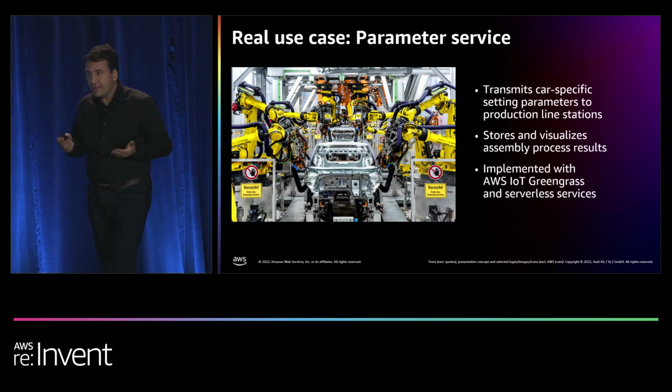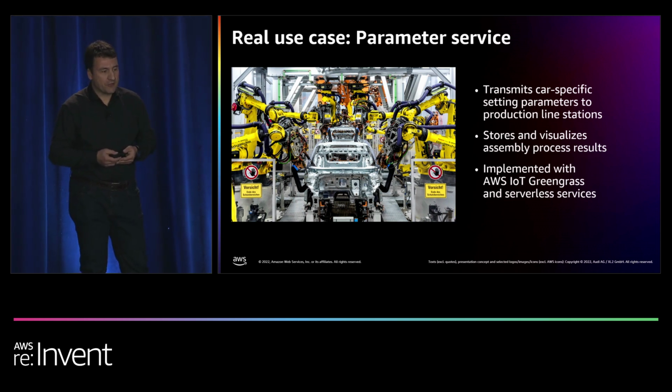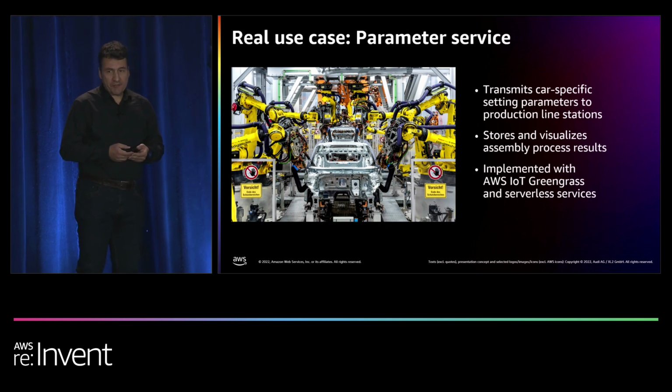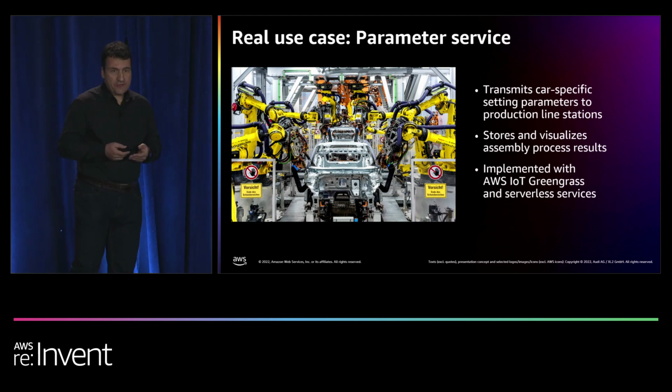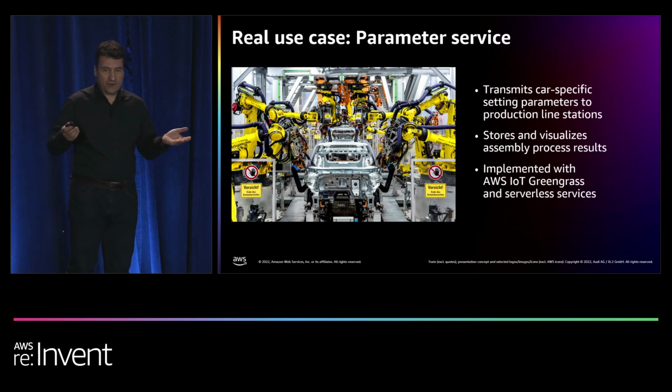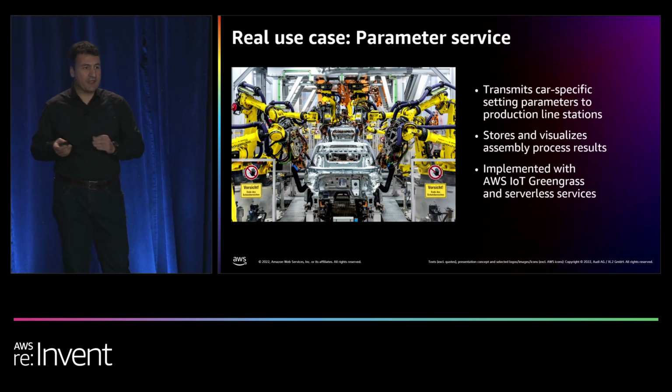As a real use case, I brought to you today a parameter service that we developed for Audi in the past years. It is used to transmit car-specific settings and parameters to production line stations. For example, you have a station that does calibration of rear axles or the positioning of headlights.